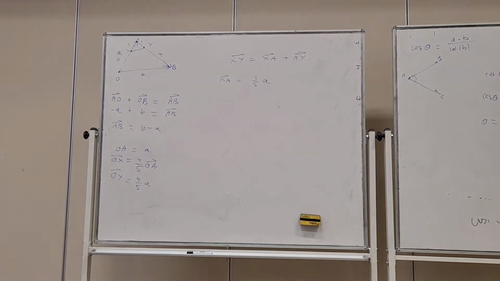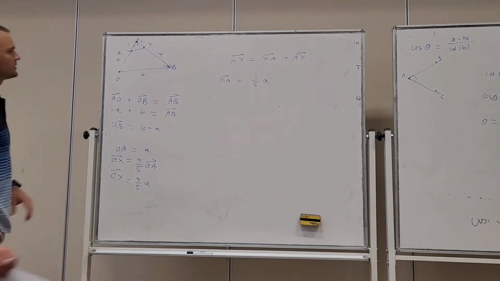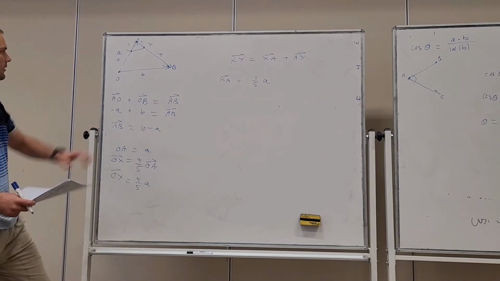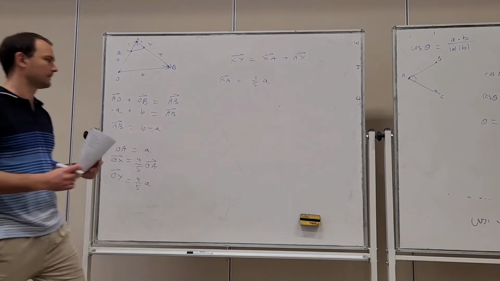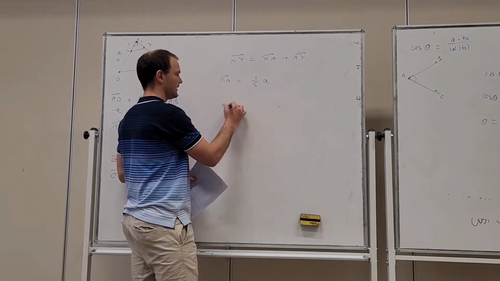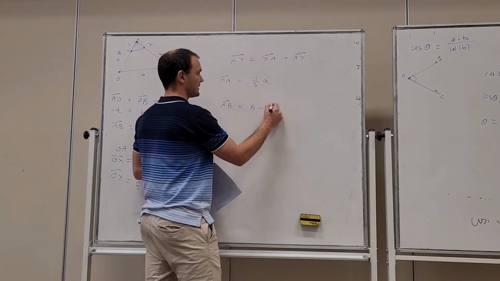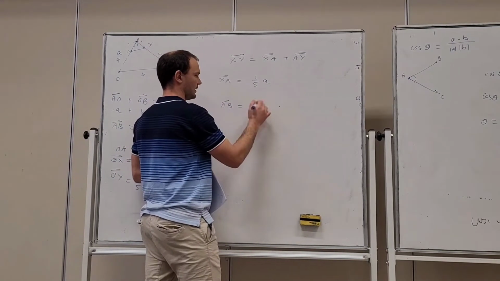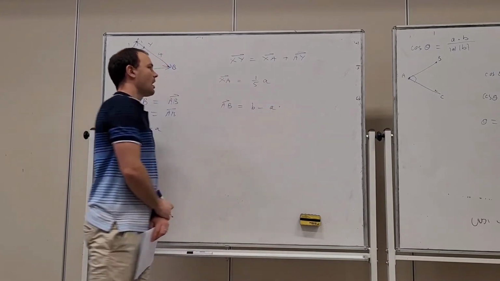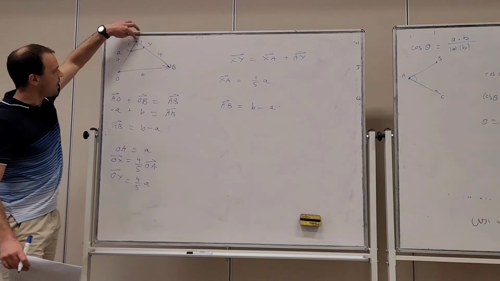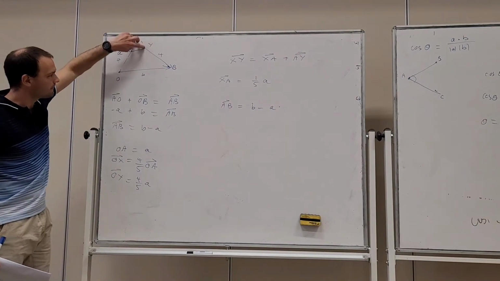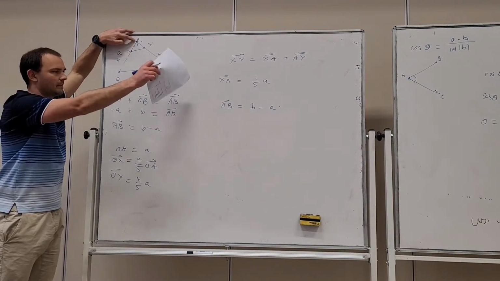Alright, and what else have we found? We've got vector AB. Vector AB equals B take A. Alright, I'm just going to restate that. Vector AB equals, lowercase b, take A. And we need vector AY. And vector AY, the vector from A to Y, is 1/5 of the vector AB.